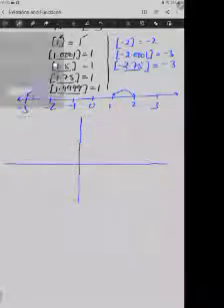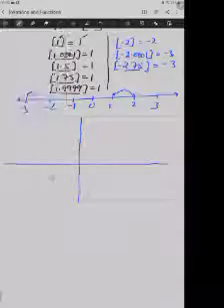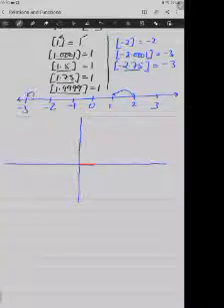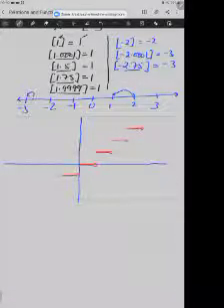Now see, first of all, I'm going to put over here 0 to 0.999, 1 to 1.999, 2 to 2.999, 3 to 3.999, and -1 to -0.0001.